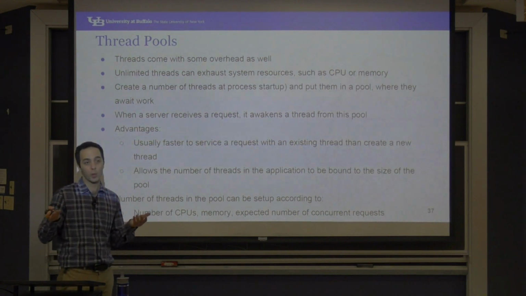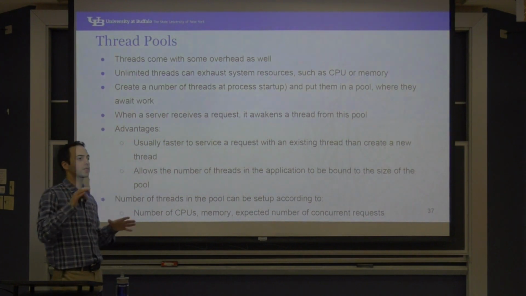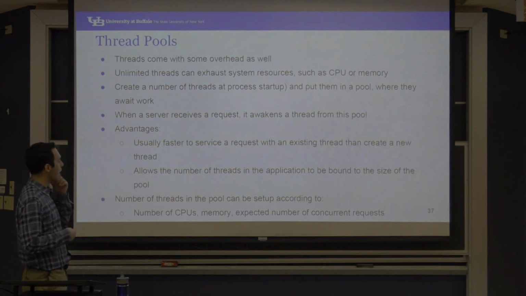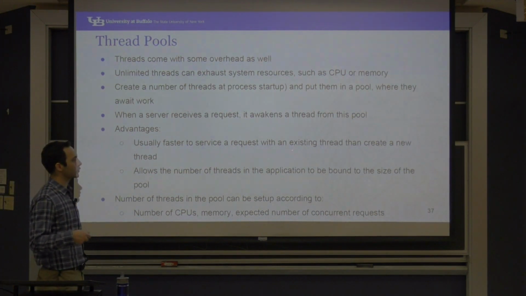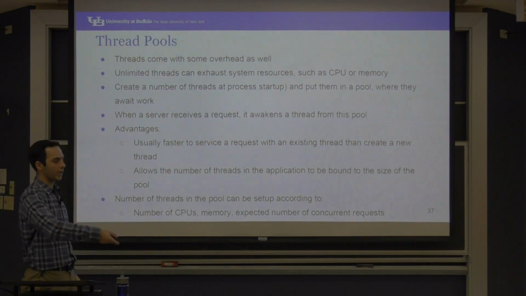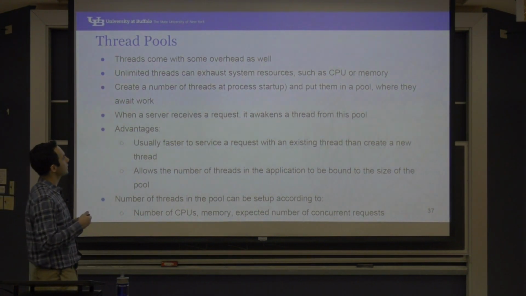If there are more than that, they should wait, okay? It keeps the system running. It's also much faster to service a request with an existing thread rather than creating and then terminating again. And again, it keeps the number of threads limited.